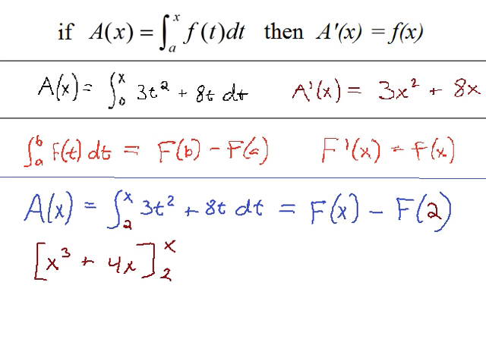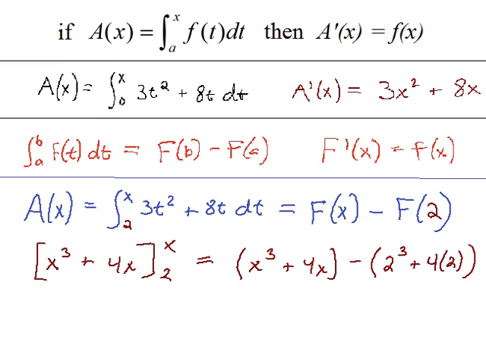I did not include the plus c because, as we saw in the last example, the c's will cancel out no matter what we plug in. This time we plug in x, we get x to the third power plus 4x squared. If we plug in a 2, we get 2 to the third power plus 4 times 2 squared.